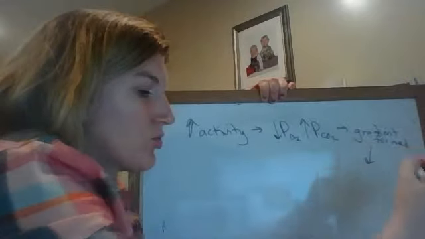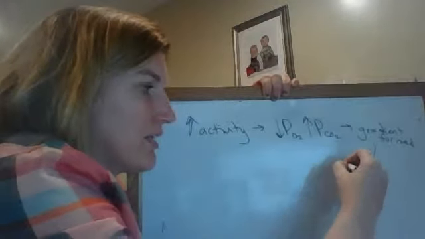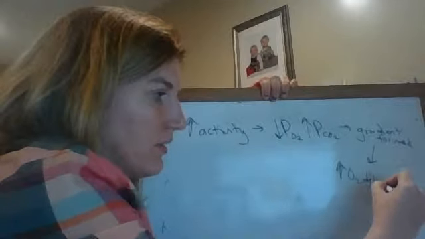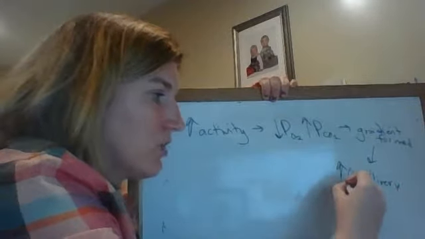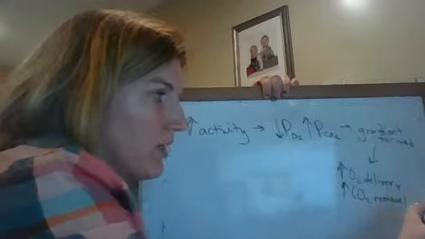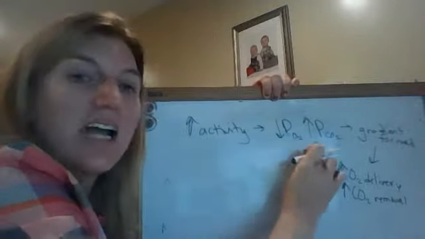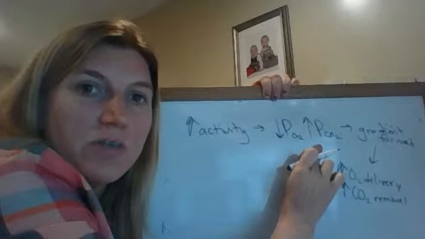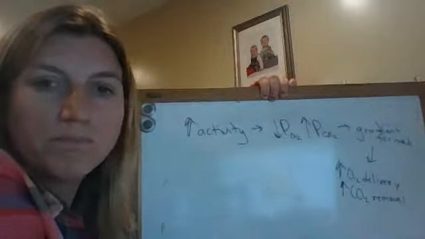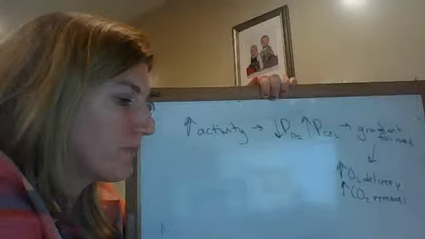Basically this gradient is going to lead to an increased oxygen delivery and an increased carbon dioxide removal. Right? Because we're ultimately exaggerating the partial pressures of these within the tissues, and so that exchange is going to be more efficient.